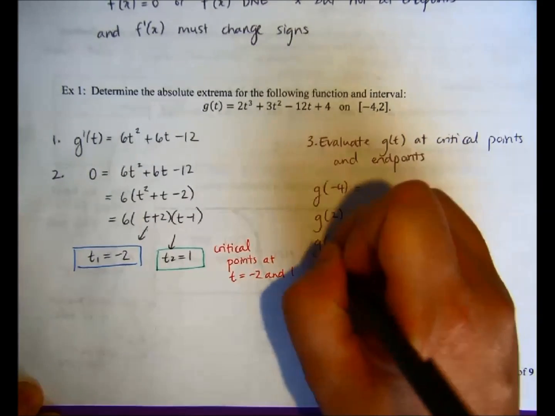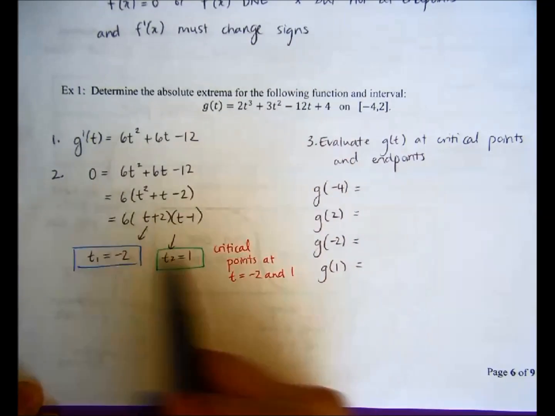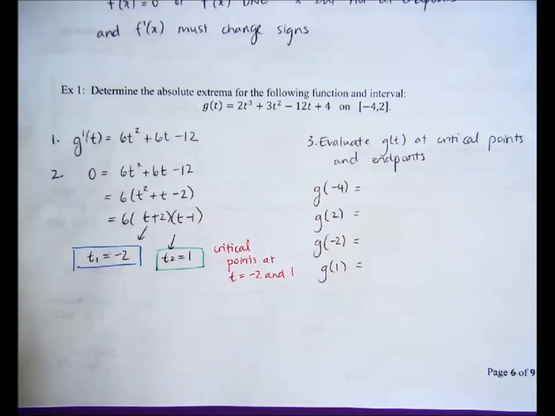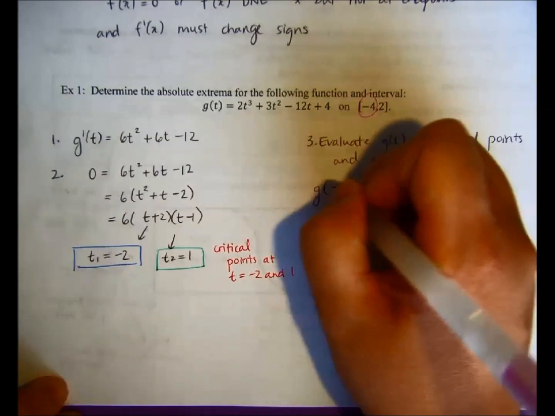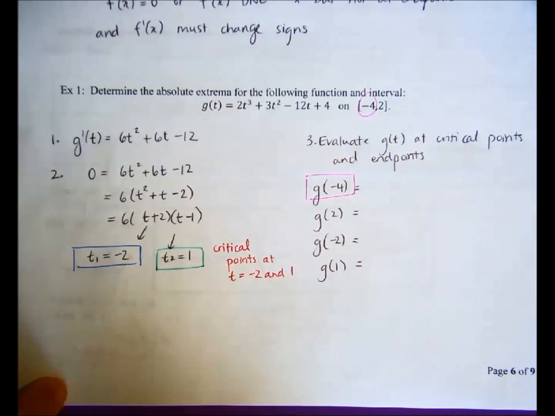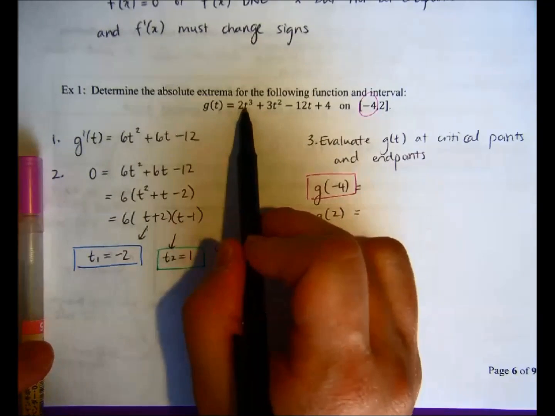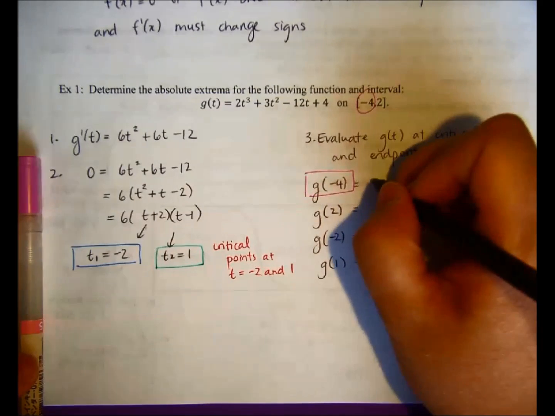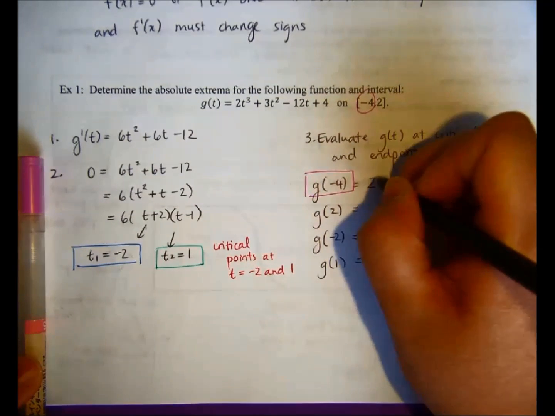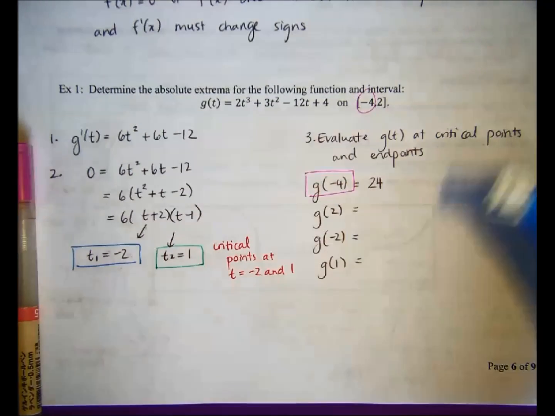And we also want to figure out g of -2 and g of 1, because those were our critical points. Okay, so it turns out that g of -4, when you plug this -4 into 2t cubed plus 3t squared minus 12t plus 4, we should end up with 24. Nope, sorry, -28, looking at the wrong solution.